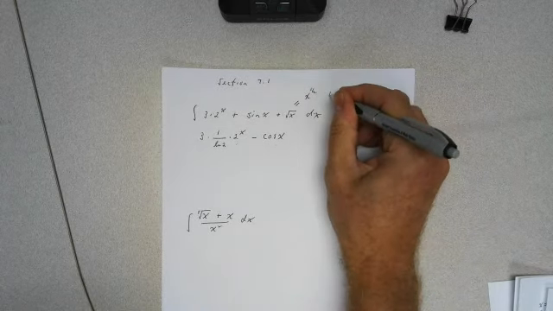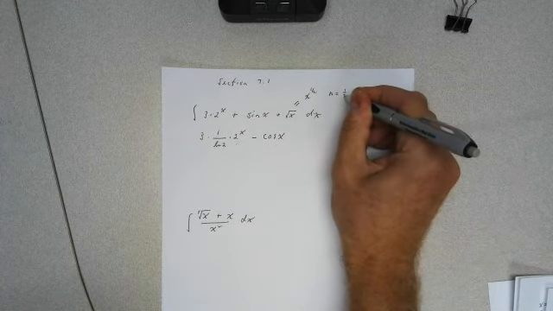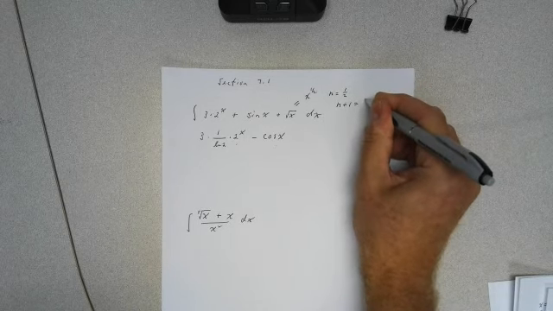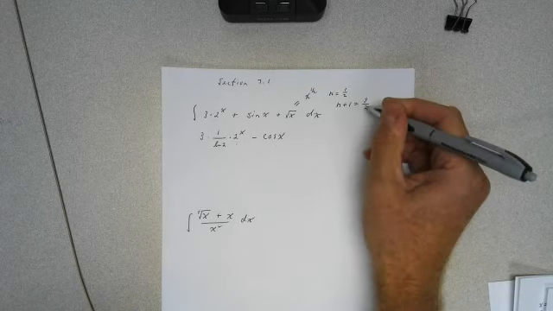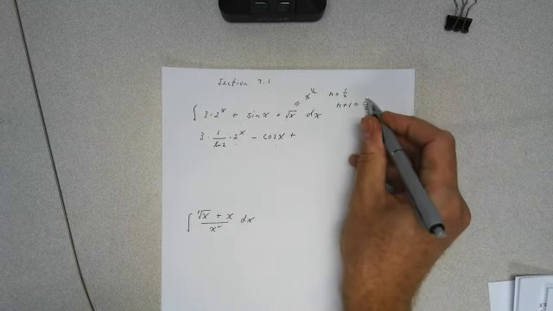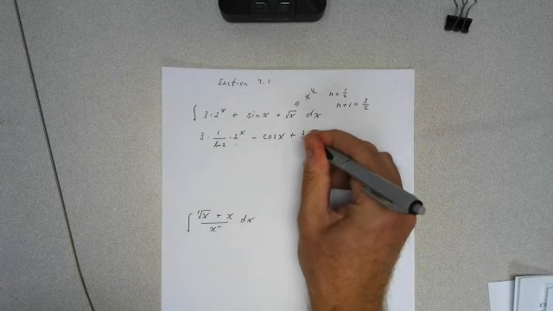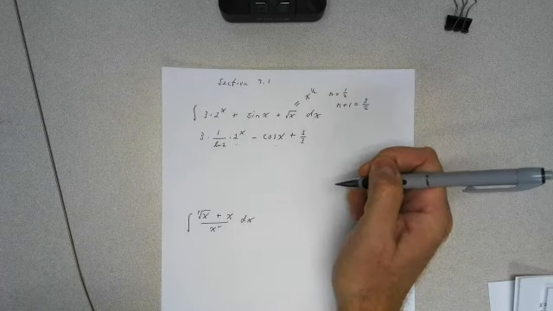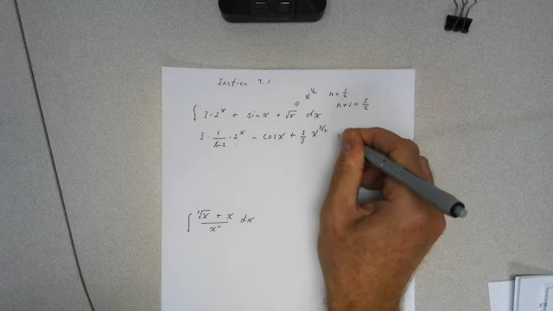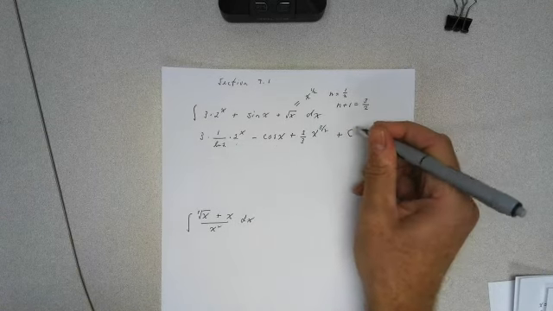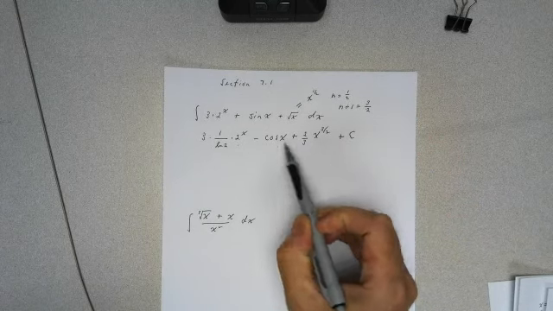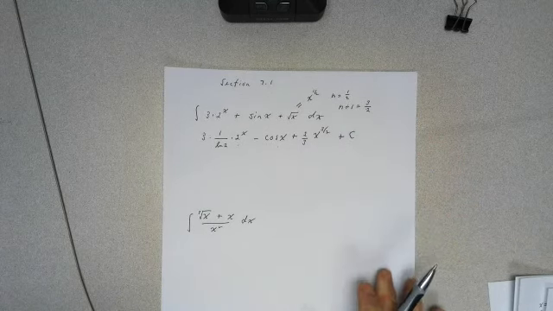So using the power rule with n equals 1/2, or n plus 1 equals 3/2, the antiderivative would be 1 over n plus 1, which is the reciprocal of 3/2. That gives me 2/3 x to the 3/2 plus our arbitrary constant. Now we could, of course, check the answer by computing the derivative.